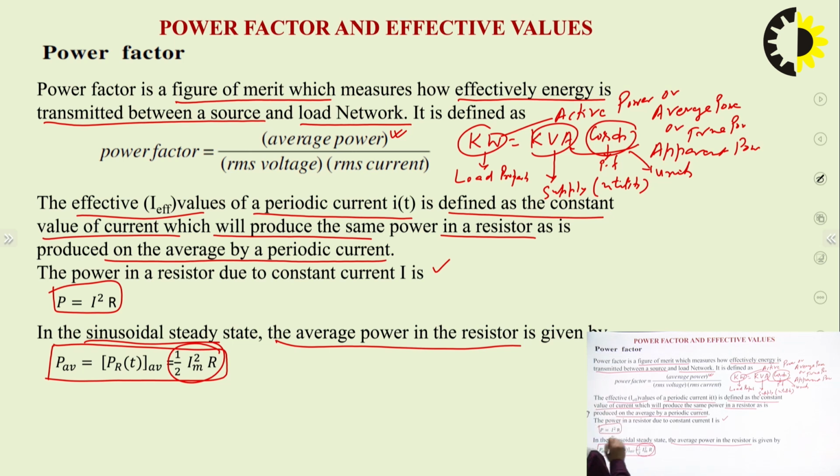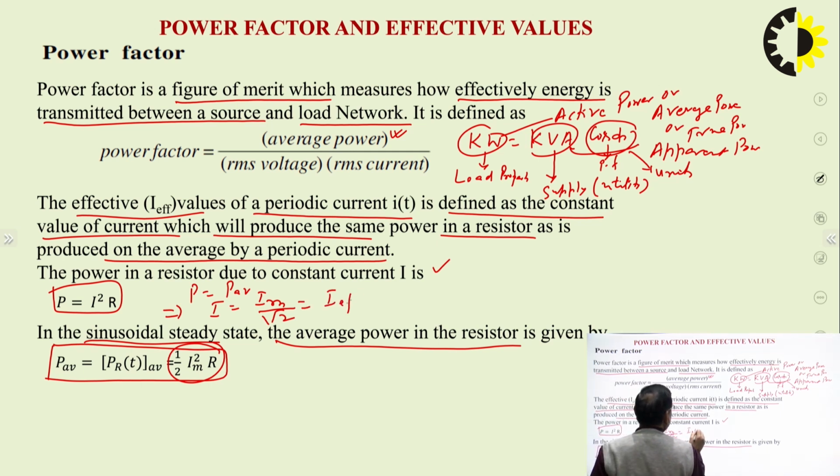So since both the power P is equal to P average, I is equal to Im upon root 2. So this is called I effective.